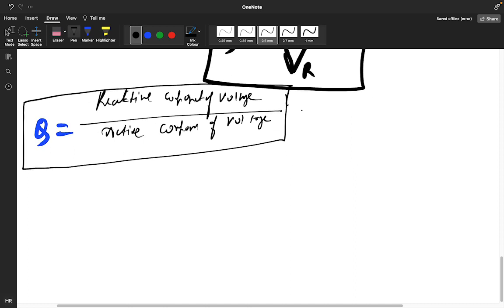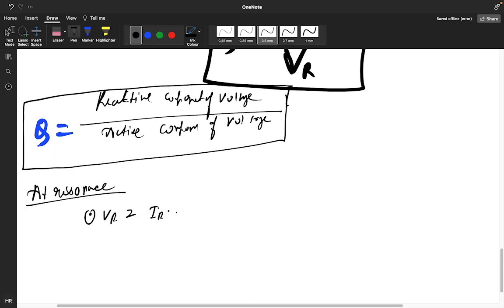So now write something at resonance. At resonance, your VR voltage is I into R, and the value of I is V by R only, and R will get cancelled out.